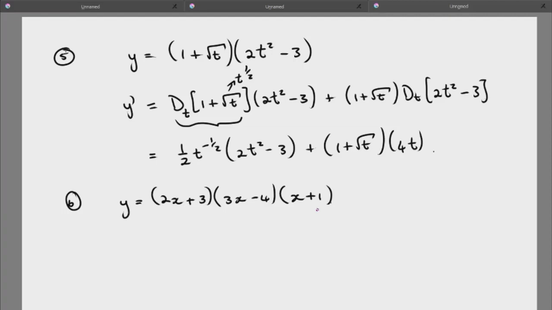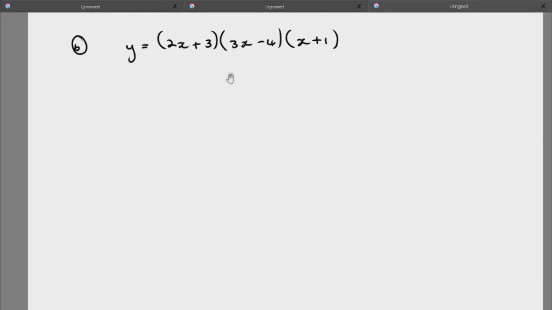Do I have options? Yes, I have options. I could FOIL all of that out. But with that, maybe that has a little bit of a risk as well, where I could make a little mistake. Let's suppose we want to use the product rule on this.